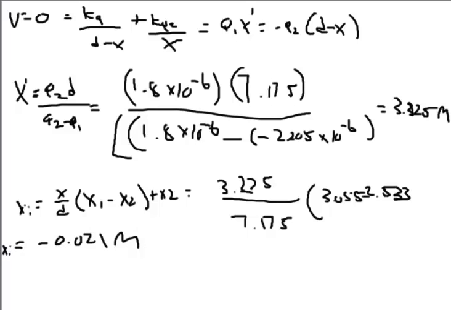And then for the y, you just do pretty much the same thing: the ratio times y1 minus y2 plus y2.